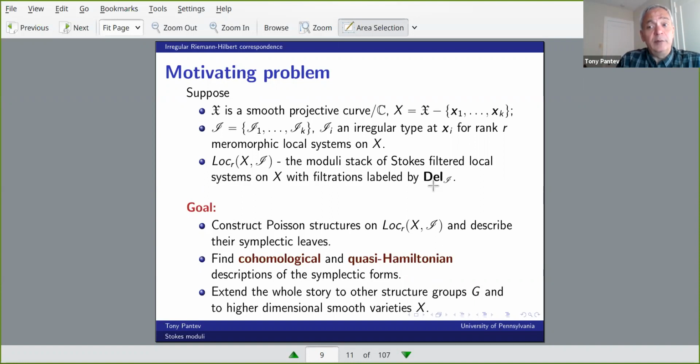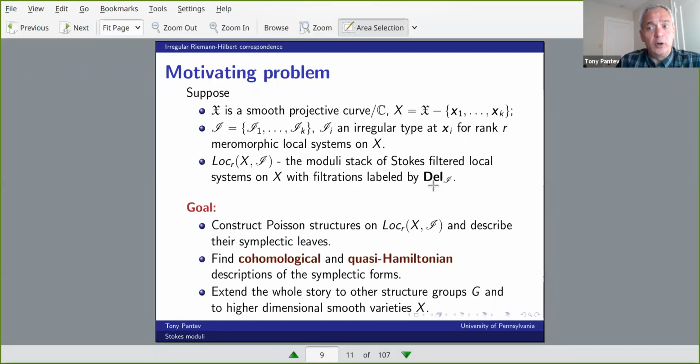You want to describe the Poisson or symplectic structure either by deformation theory, by some cup product on cohomology, or by a reduction picture, like Hamiltonian or quasi-Hamiltonian reduction. And you want to extend this whole story to other structure groups and to higher dimensional varieties.